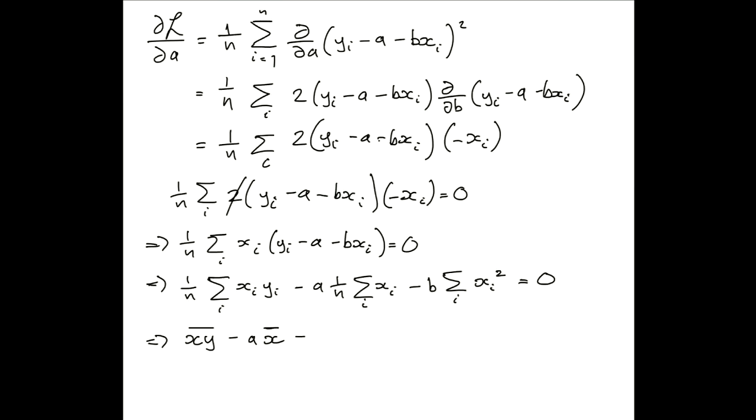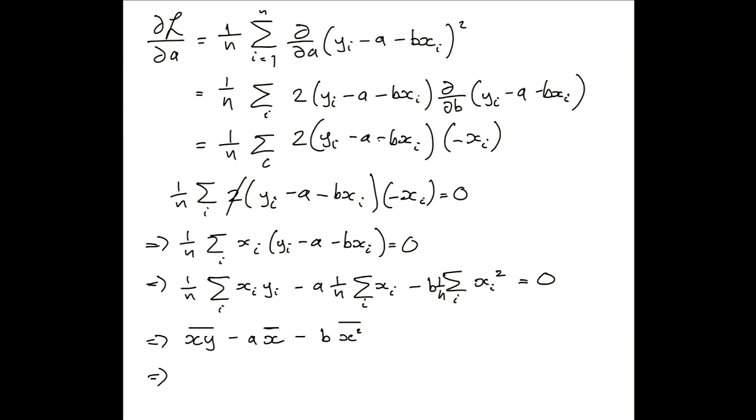Sorry, that should be 1 over n. And then we have b, and this time we've got the mean of the x squareds. Okay, so it's x squared bar. You just have to be quite careful here with where the bar goes.